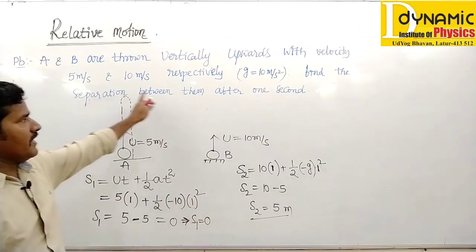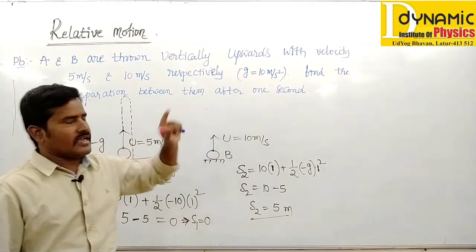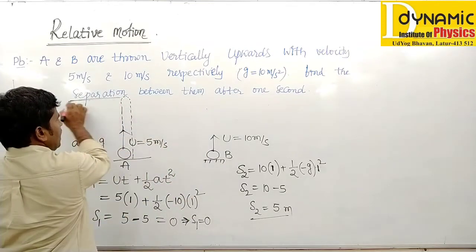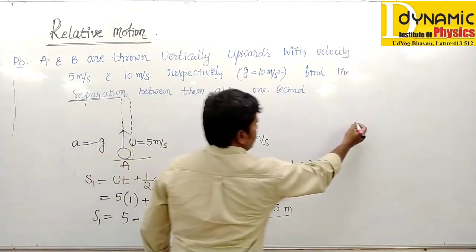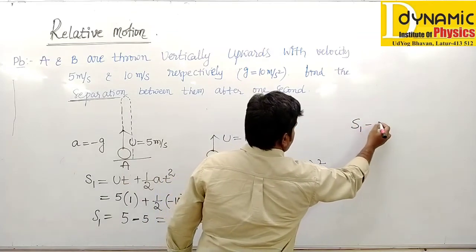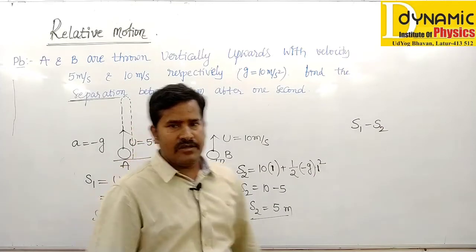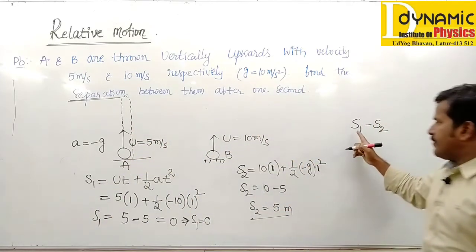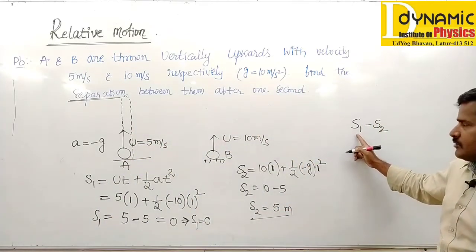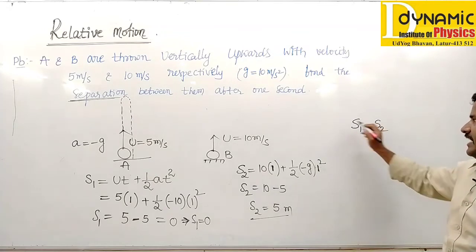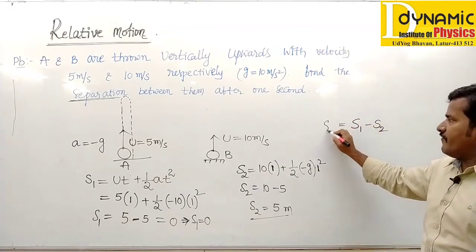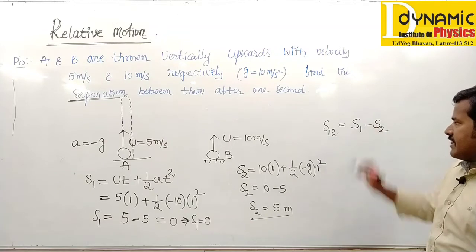Here, we want the separation between them after 1 second. Separation is nothing but the relative displacement of S1 and S2. So this is the displacement of the first body with respect to the second.